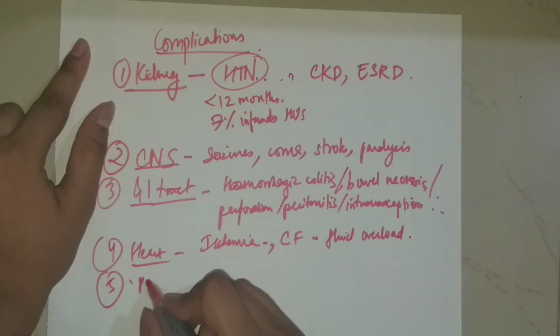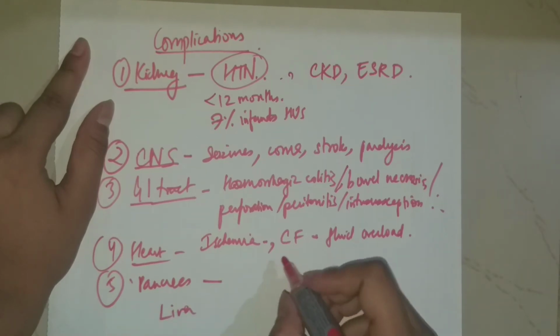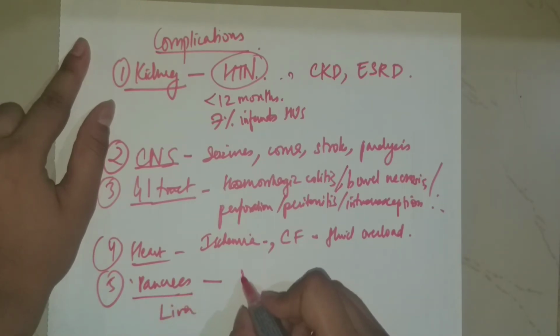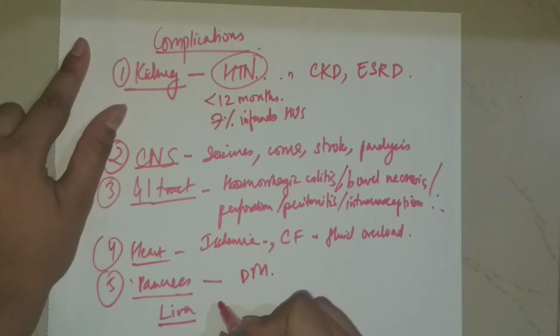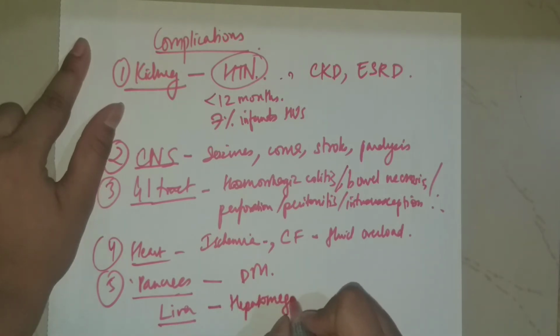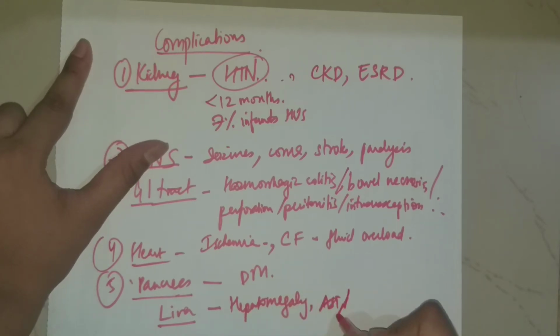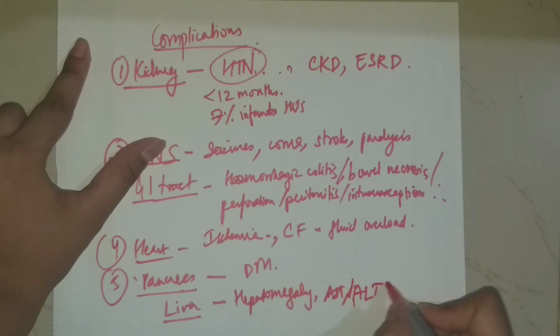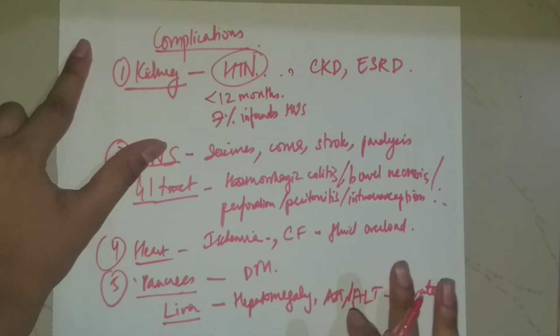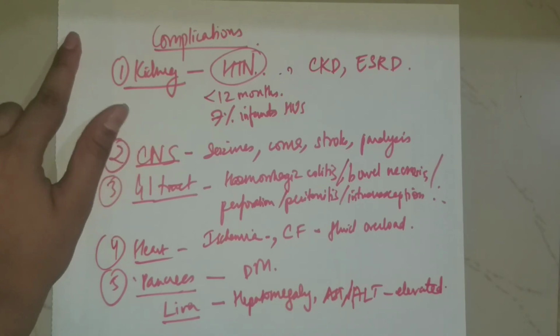Then even the pancreas and liver can be affected. The pancreas being affected can cause diabetes mellitus. The liver being affected can cause hepatomegaly. Those AST, ALT levels might be temporarily elevated. These are some complications which can happen with HUS.